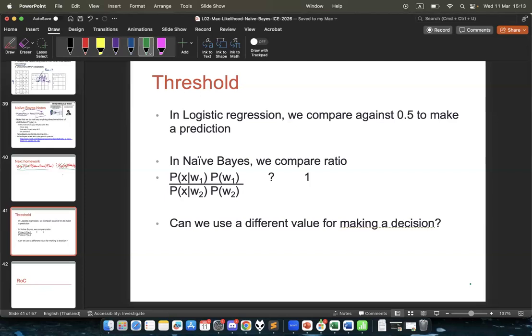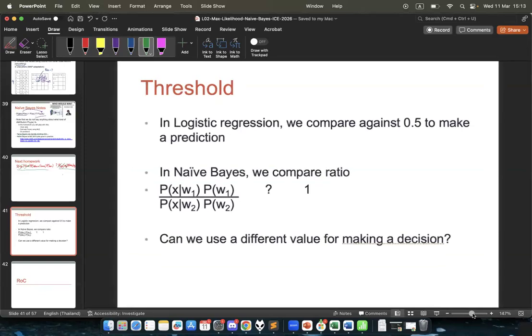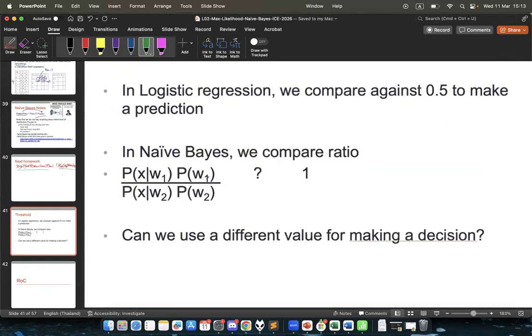Another important thing that we haven't discussed is threshold selection. So in naive Bayes, what we're pretty much doing is computing this ratio and comparing it against 1. If it's larger than 1, we answer W1.